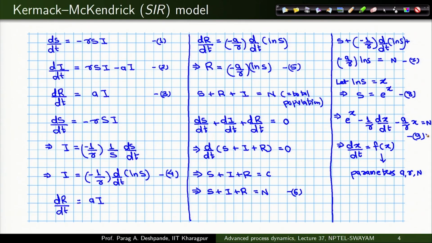susceptibles in the population. Then what I will do is I will then use that function S of t in equation number 4 to give me the time variation of infectives in my population, and equation number 5 to give me the time variation of removed population from my system.